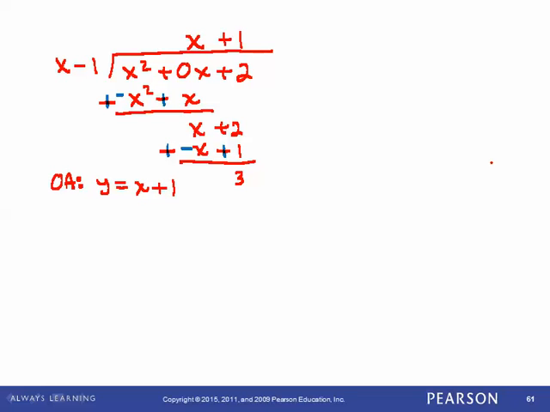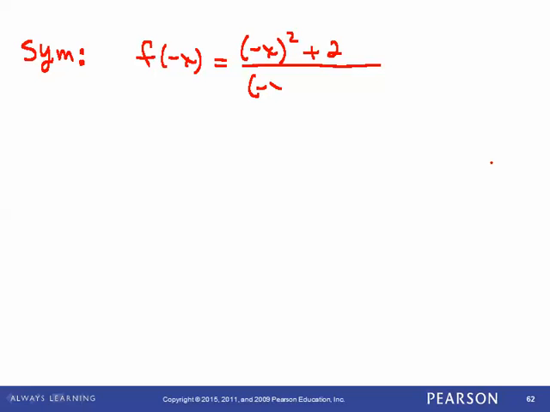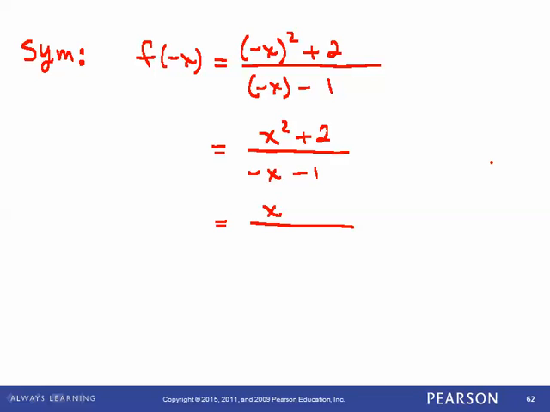And again, your book just wants to check symmetry, just in case. Plugging a negative in for the x. And if we do that, we get ourselves that, which even if I factor out a negative on the bottom and I put it out in front, is that the exact same thing that I started with?